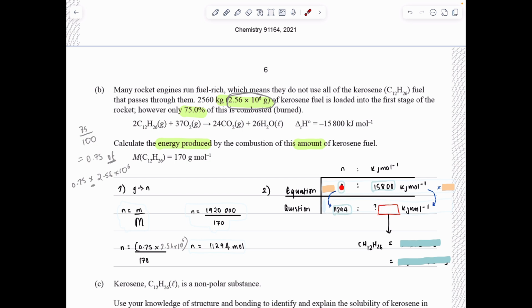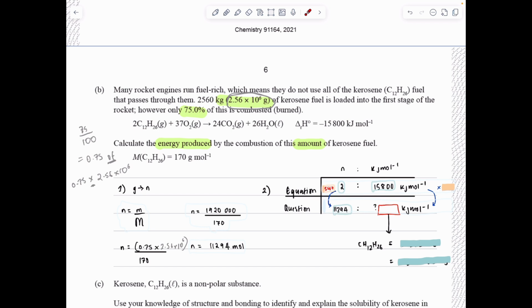So if 2 moles produces this much energy, how much does this many moles produce? Simple ratios. How do we get from 2 to this value over here? What is the common multiplier? What do we have to multiply 2 by to get to this? To figure that out, simply divide 11294 by 2 and you get the common multiplier. Try that yourselves. Pause the video.